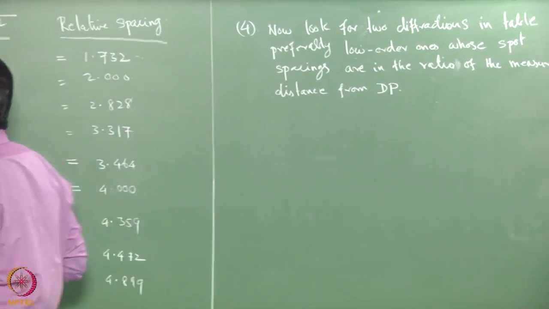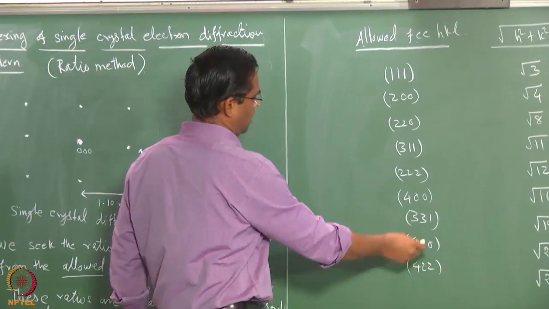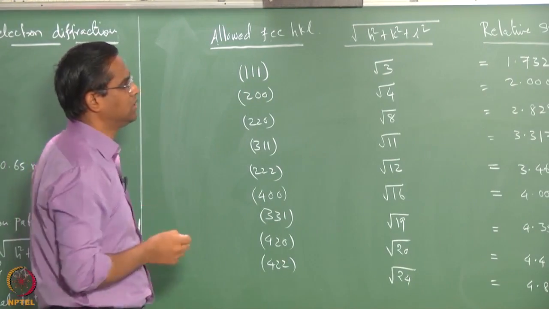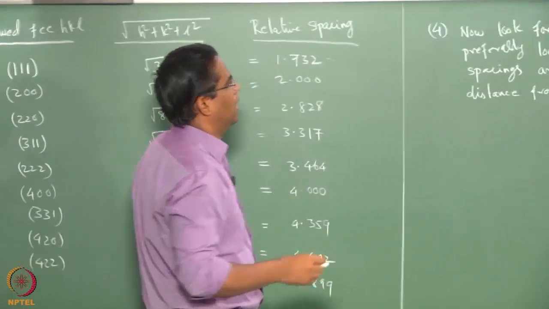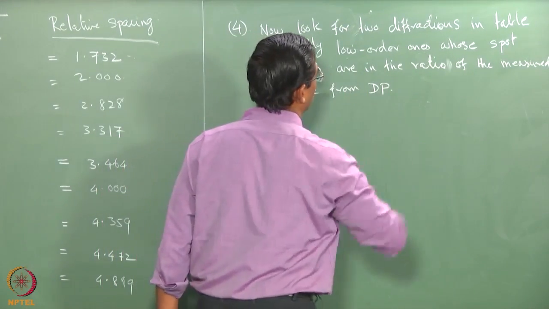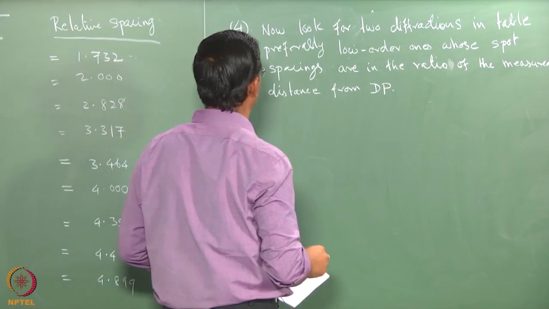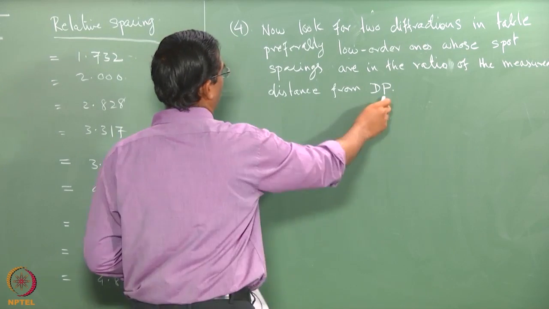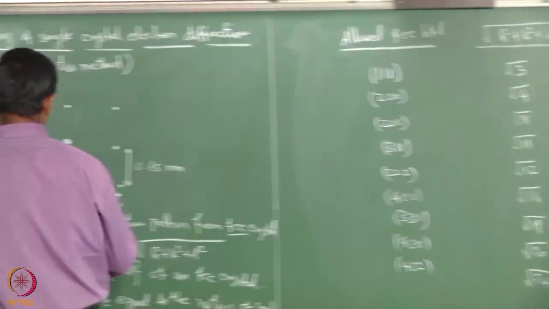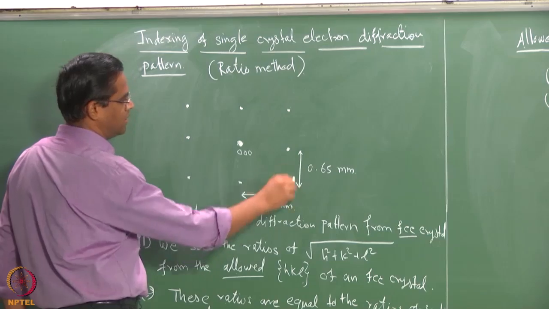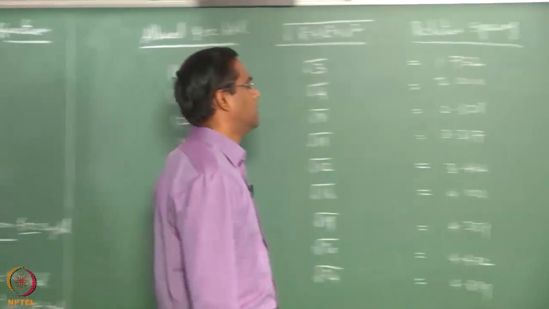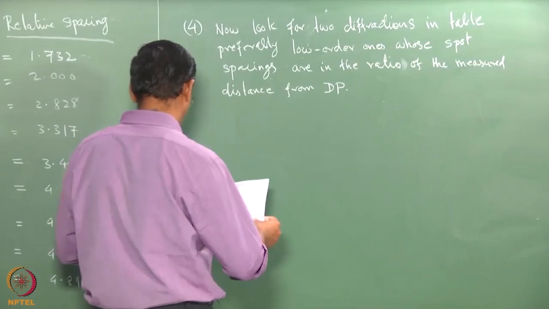That means you should not look at these things initially. You should look at low order reflections whose spot spacings are in the ratio of the measured distances from the diffraction pattern. So, we have now the distances that were given, this distance and this distance. So, we will take that ratio, and then we will see what we get.